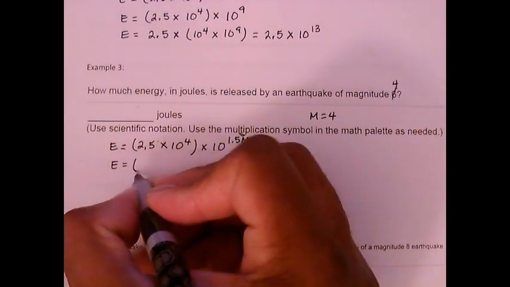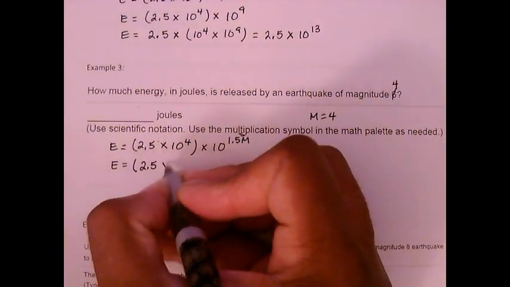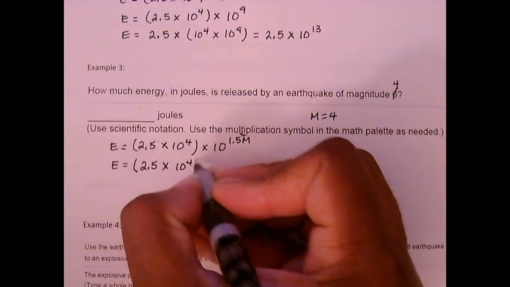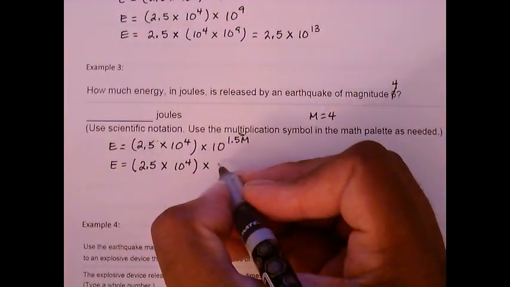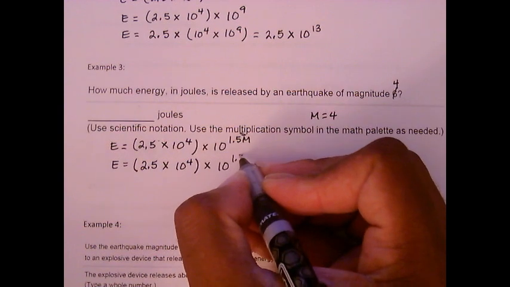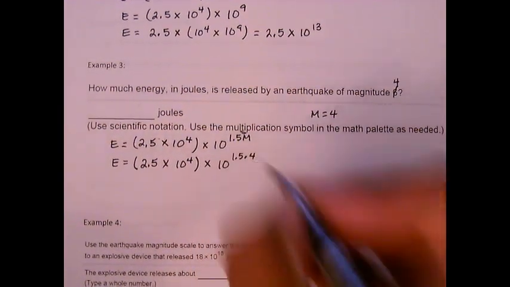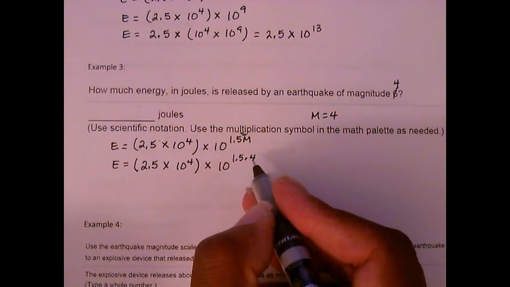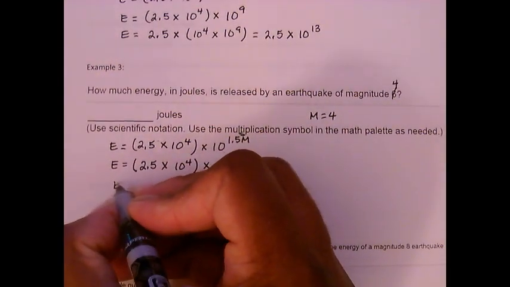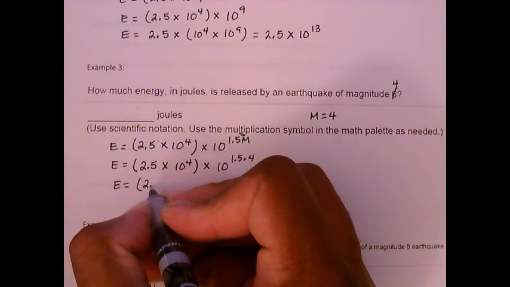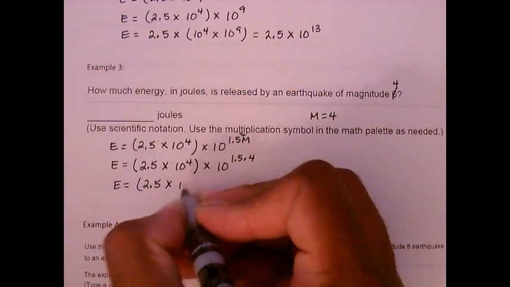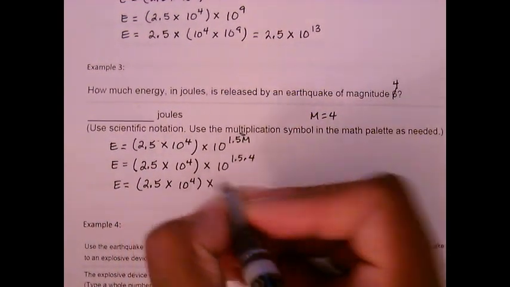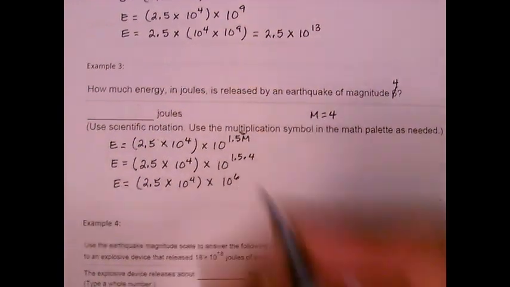So E is equal to 2.5 times 10 to the fourth, multiplied by 10 raised to the 1.5 times 4. Now if I multiply 1.5 times 4, I'm going to get 6. So E is equal to 2.5 times 10 to the fourth multiplied by 10 to the 6.